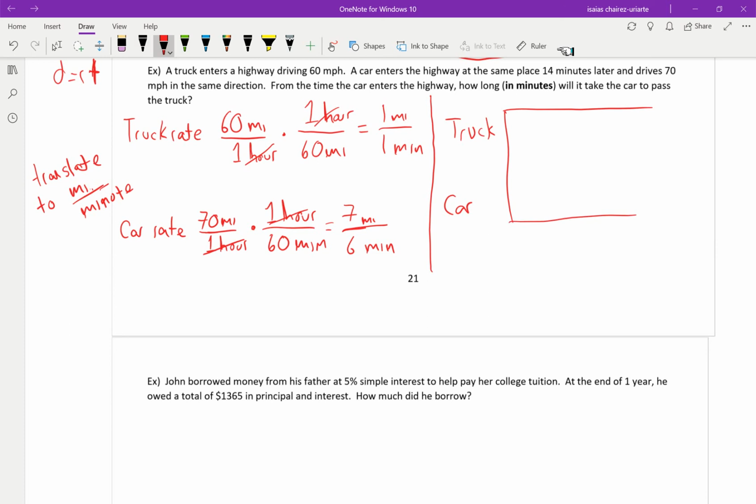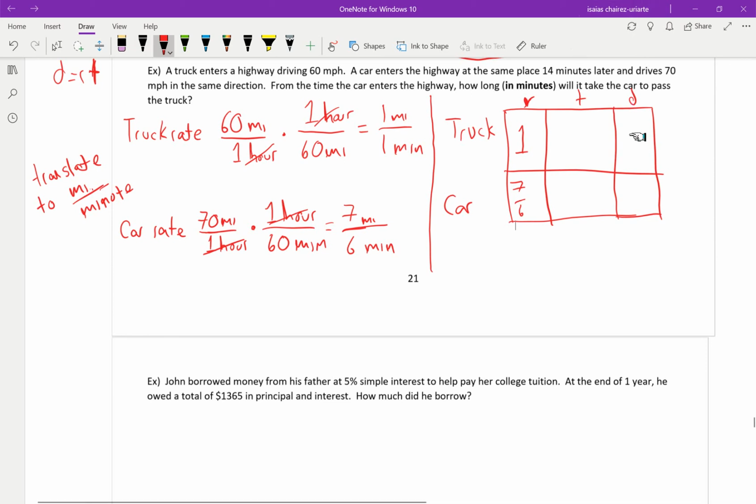I'm going to have the rate, the time, and the distance for the two vehicles. Everything now is in minutes. The rate is one mile per minute for the truck, and we said that it's 7/6 miles per minute for the car.